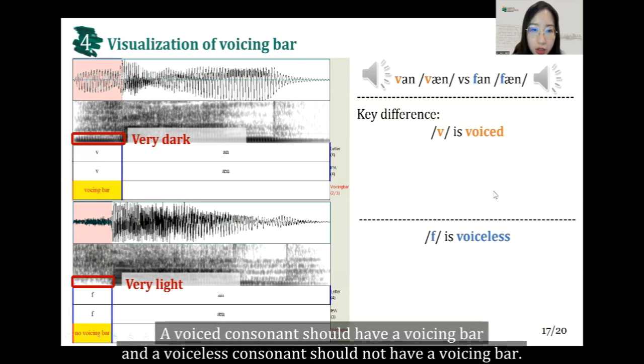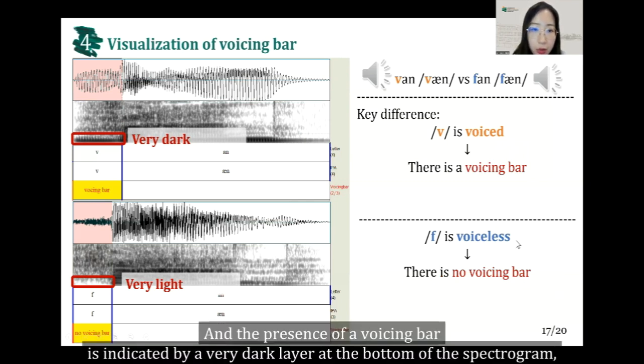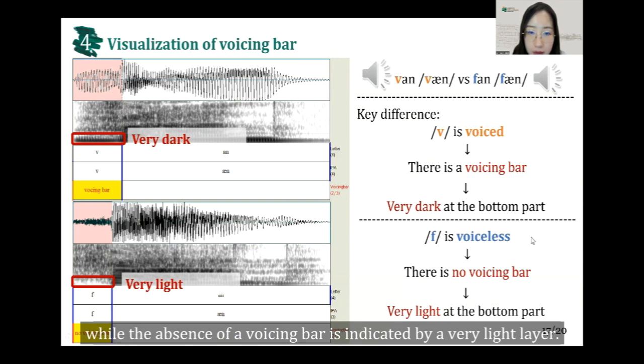A voiced consonant should have a voicing bar, and a voiceless consonant should not have a voicing bar. And the presence of a voicing bar is indicated by a very dark layer at the bottom of the spectrogram, while the absence of a voicing bar is indicated by a very light layer.